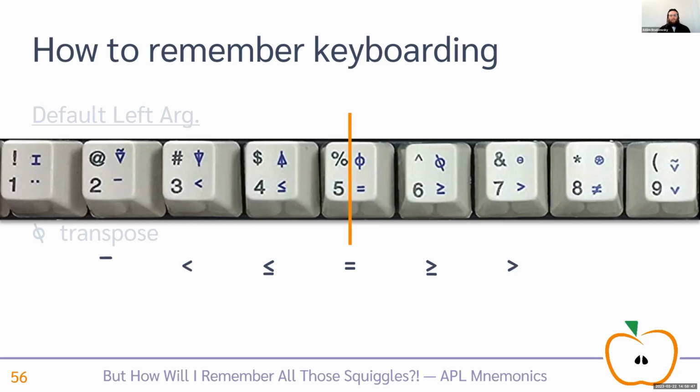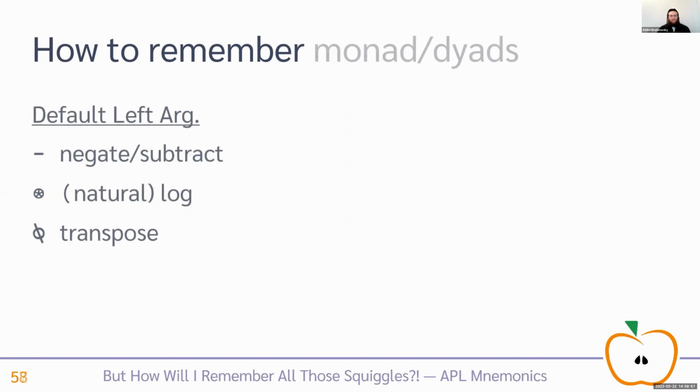So that's where you find that negative symbol that we had before. And if you keep going up, you're so far away from 5, it might as well be different from. So these are just some examples of APL primitives that have default left arguments. And that's the second category of pairings of monadic and dyadic forms.